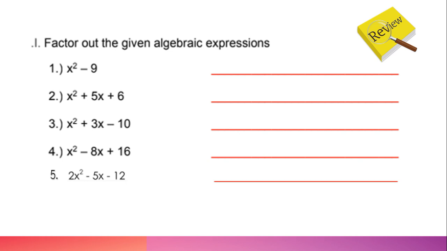Can you give me the factors of number one? What is the answer to number one? X plus 3, x minus 3, sir. X plus 3, x minus 3. Number two, what are the factors of number two? What is the answer to number two?